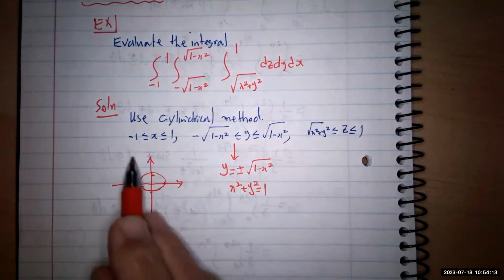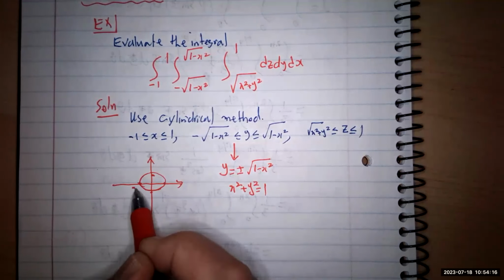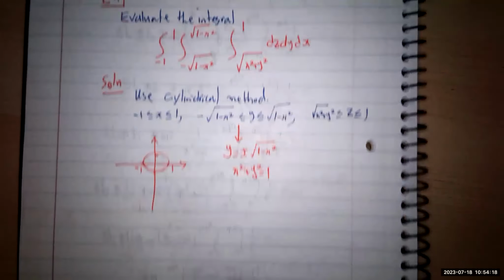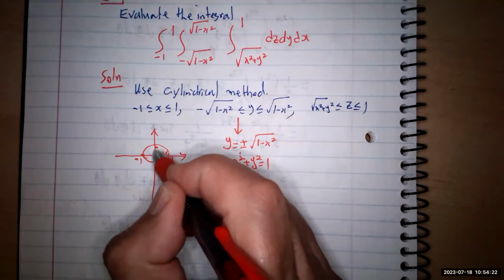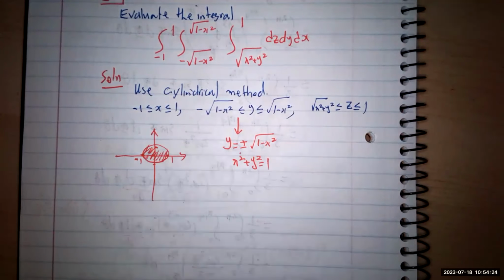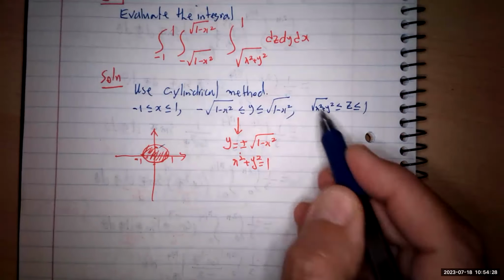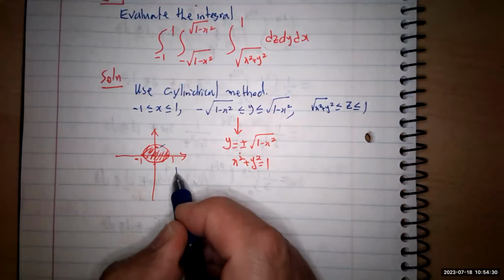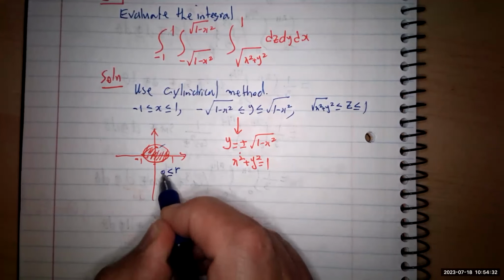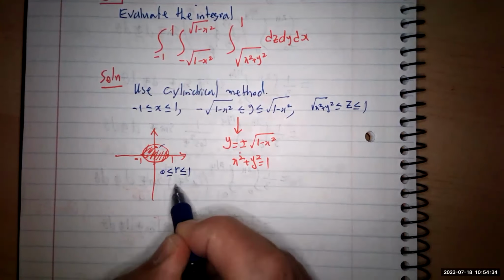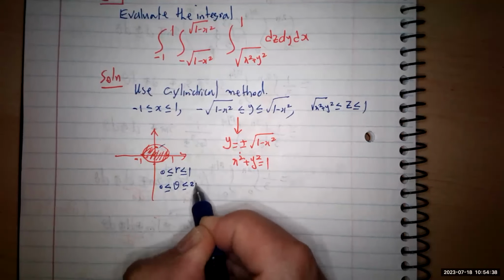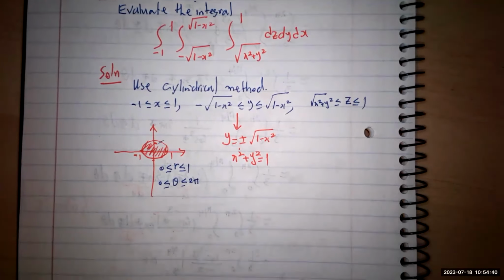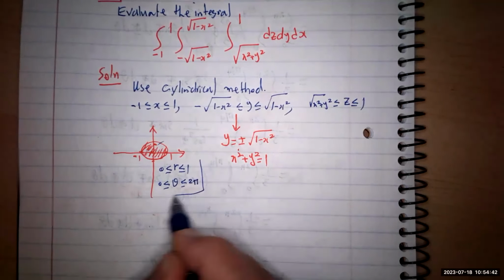And since x goes from -1 to 1, and this is plus or minus, the full circle is going to be the region. So we have a full circle in polar coordinates. Your r is between 0 and 1 because of the radius, and your theta is going to be between 0 and 2 pi. So easily that can be done.